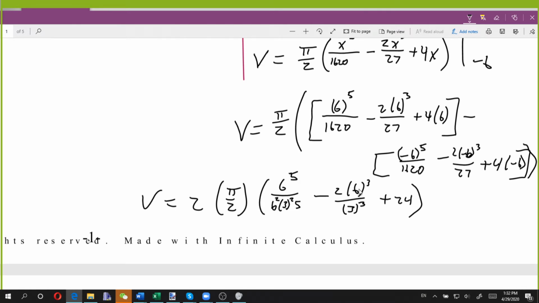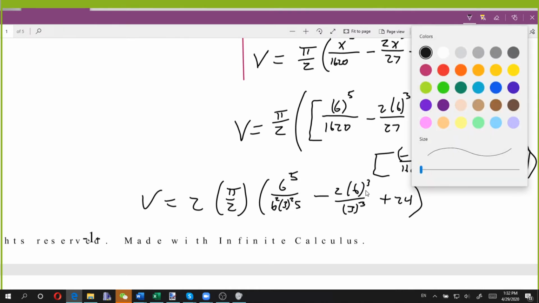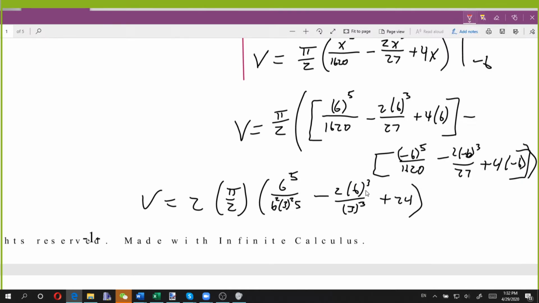So 6 is 3 by 2. So this is going to leave me with my 3 cubed canceling with the 3 cubed. I'll be left with 2 cubed on top. We got 6 to the 5th and 6 to the 2nd power can cancel, which will leave me with 6 cubed.